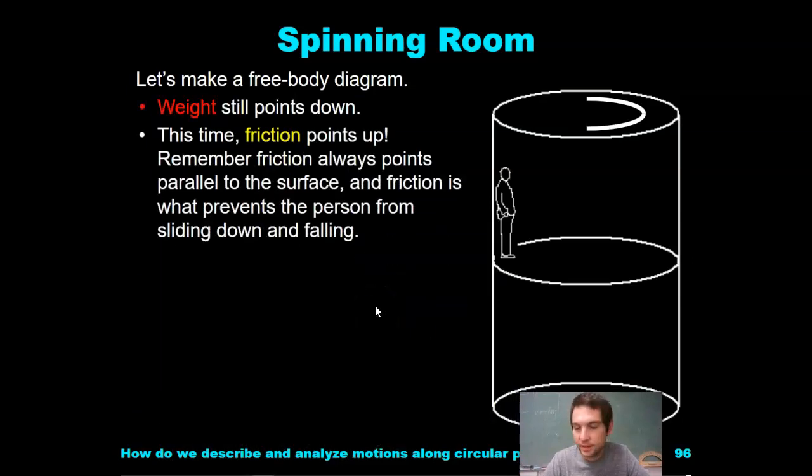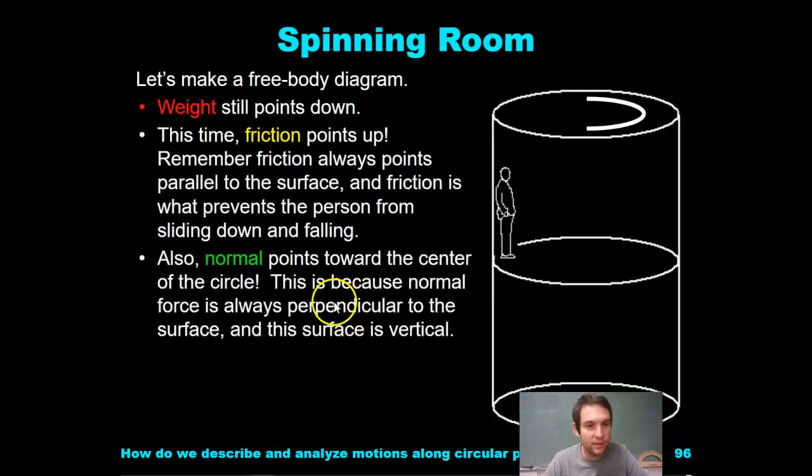And friction is a force. Whenever we're dealing with forces, we go to a free body diagram and then Newton's second law equation. Weight still points down. This time friction will point up because friction opposes sliding. Friction is always parallel to the surface, and friction is what prevents this person from falling and sliding down.